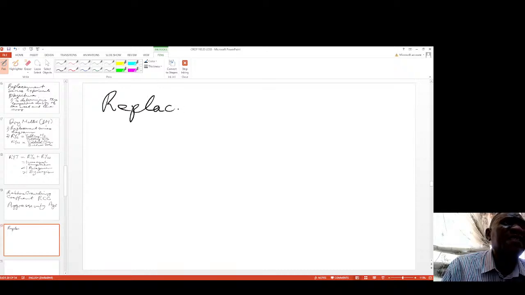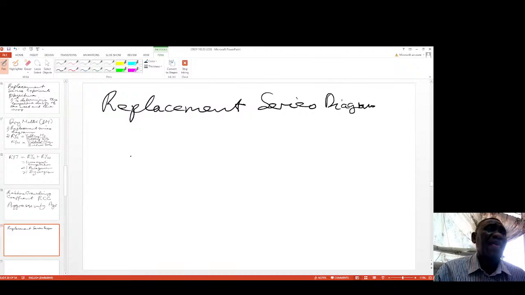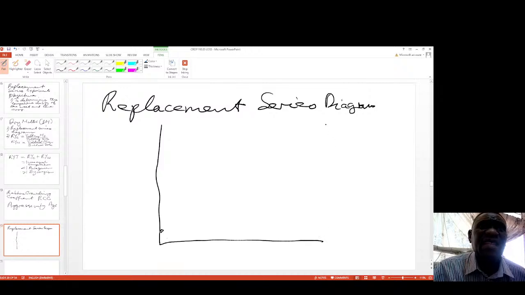Replacement series diagram. You will need a graph like this. Actually, there are two graphs which are superimposed.